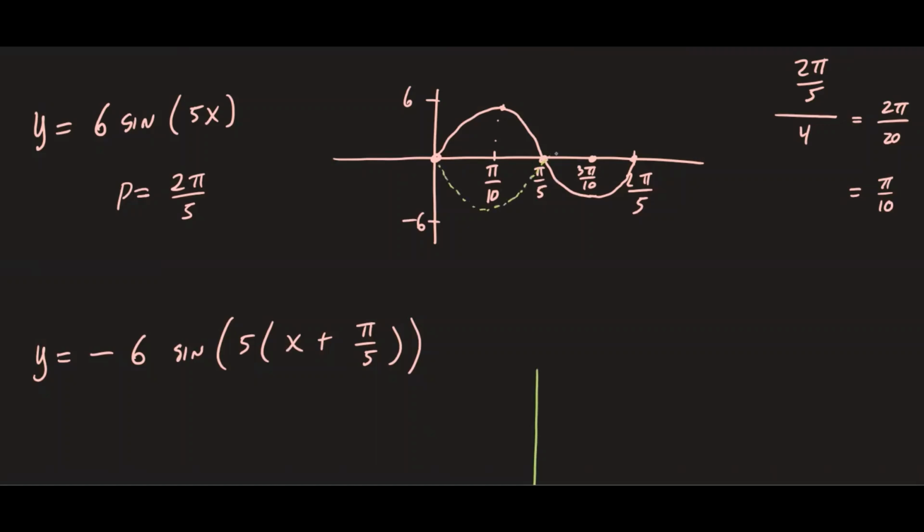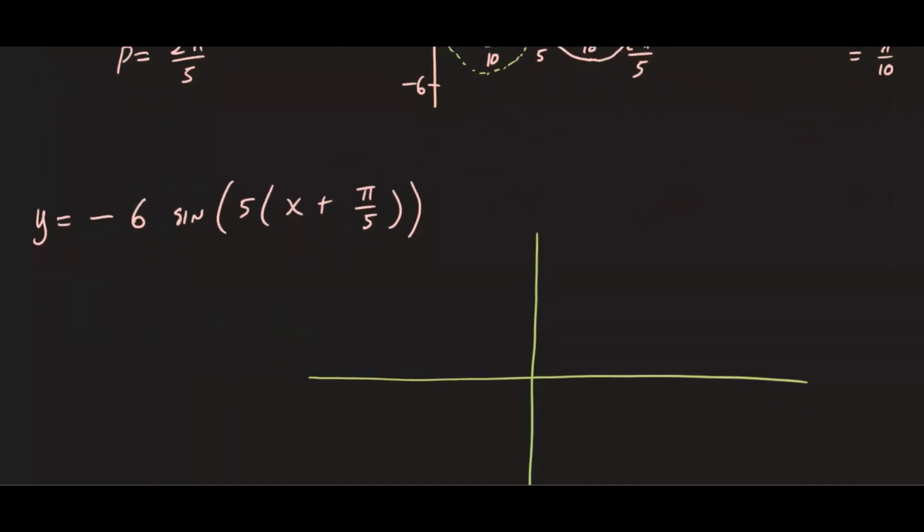So it would look something like that. So that will be y equals negative 6 sine of 5x. Now if I want the plus pi over 5, I just shift everything to the left, pi over 5 units. So the 0 gets shifted pi over 5 units to the left.